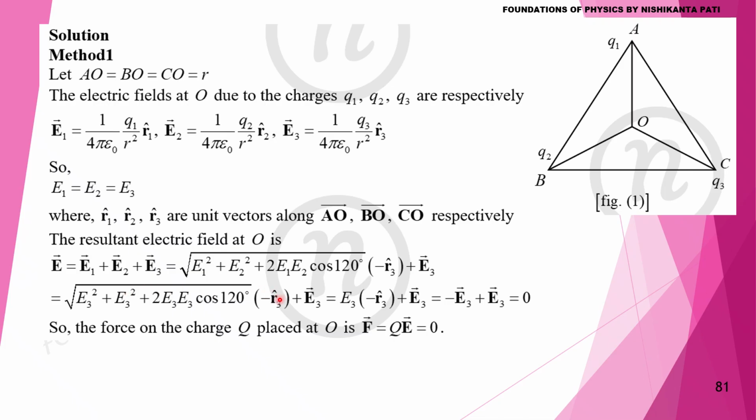So this is becoming minus E3 vector. So the resultant electric field at O is 0. Since the electric field at O is 0, any charge kept at O, the force on it is also 0, because the electric field is 0.